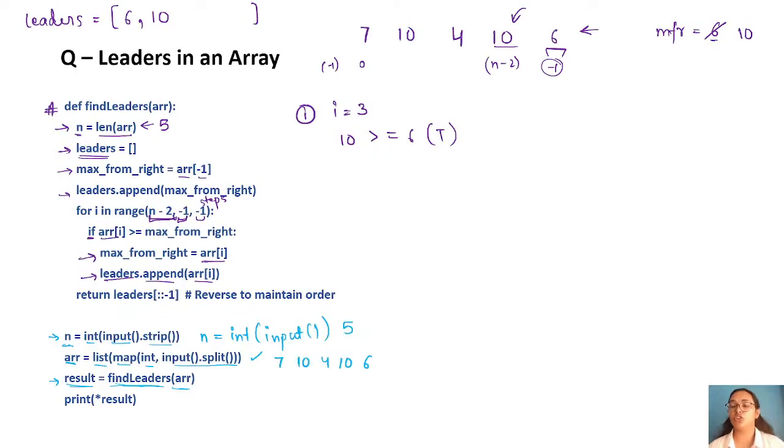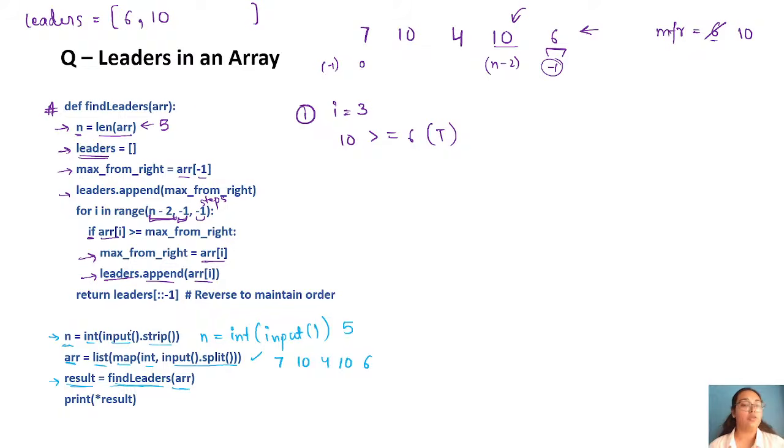So you took the last element and put it in a variable called max variable, right? Now because you are sure that 6 is always a leader, you appended that 6. Once you start the for loop traversal, you don't need to traverse 6. That is just an extra loop you will be doing, right? So you can start directly from n minus 2.